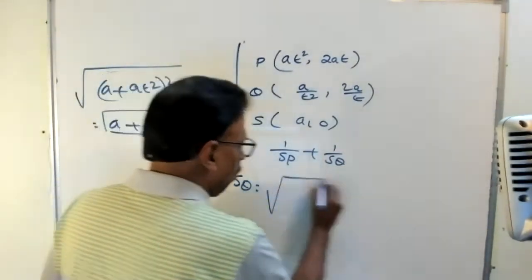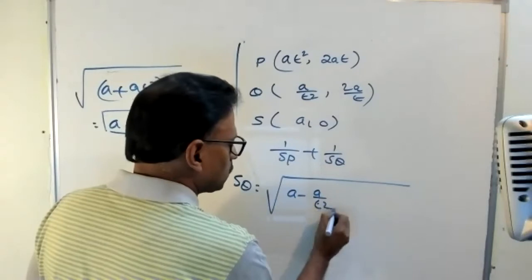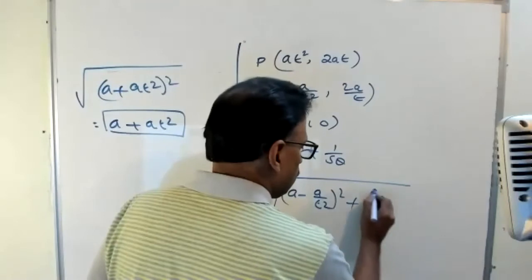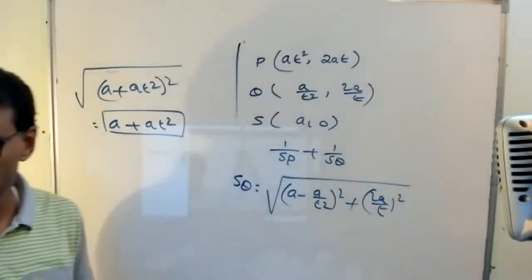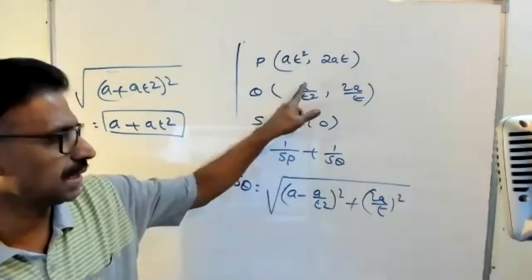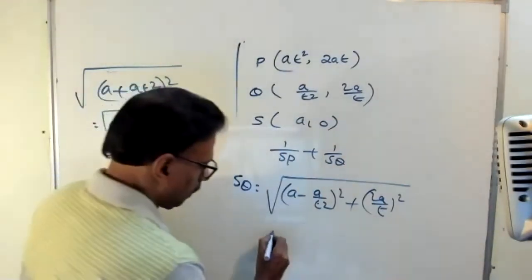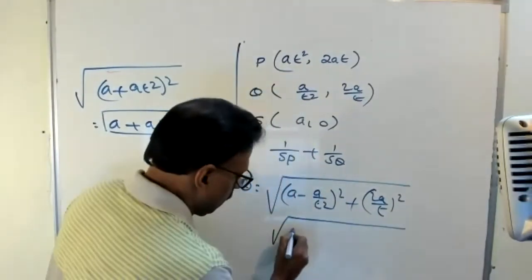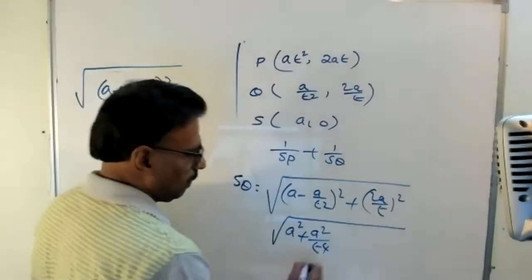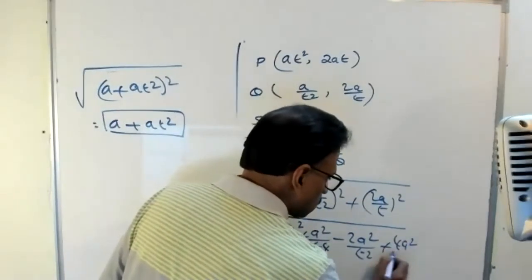SQ equal to root of a minus a by t square whole square plus 2a by t whole square, right? Then a square plus a square by t raised to 4 minus 2a square by t square plus 4a square by t square.